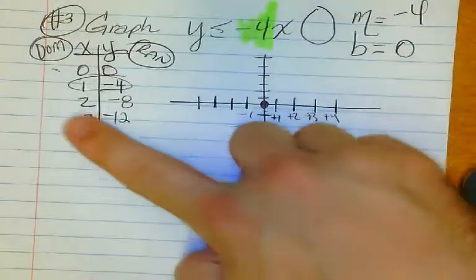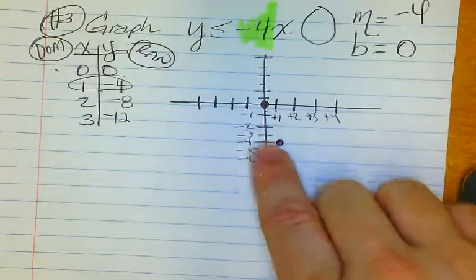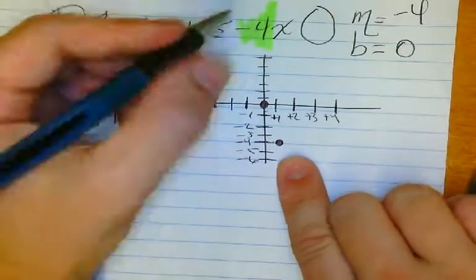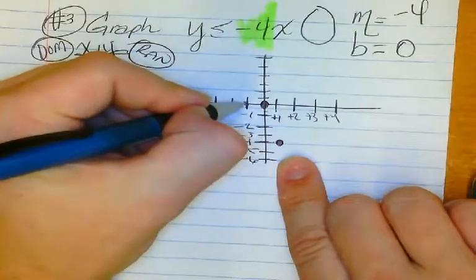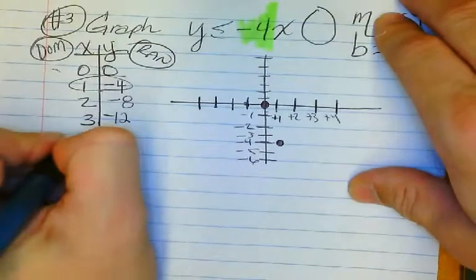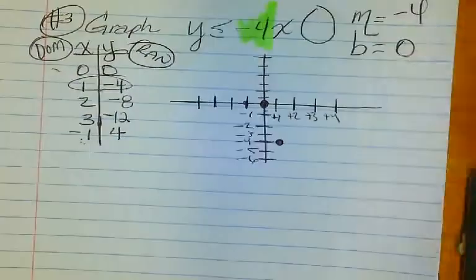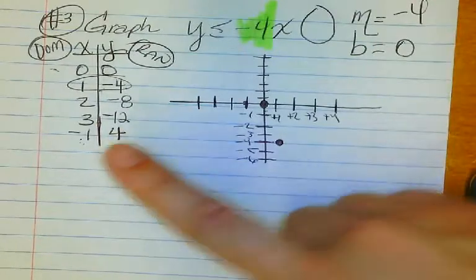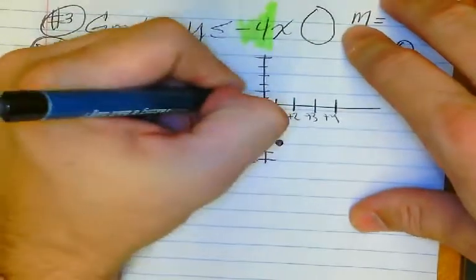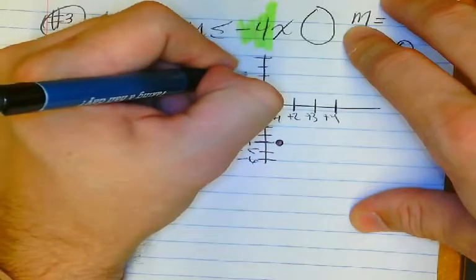We have 2 and negative 8, 3 and negative 12. And since I'm almost off of my graph, what I'm going to do is go over here to negative 1. And I'm going to find that value too. It says negative 1 in my table. If x is negative 1, it says that y is going to be positive 4. So I'm going to negative 1 and then come up to positive 4.